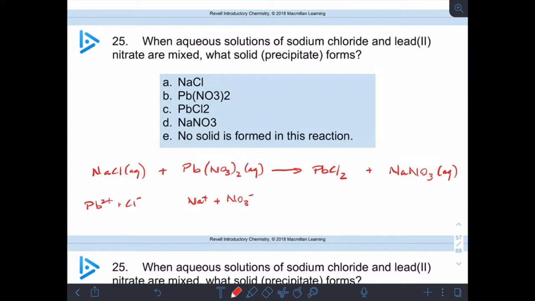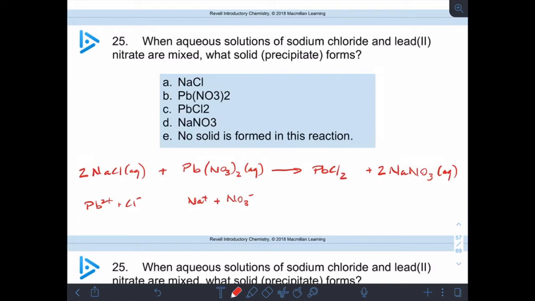That's fine. 1 chlorine on the left and 2 chlorines on the right. So I'm going to put a 2 here on the left. And that means that I need a 2 in front of my sodium on the right. And then I have 1 lead on the left, 1 lead on the right, 2 nitrates on the left, and now 2 nitrates on the right.